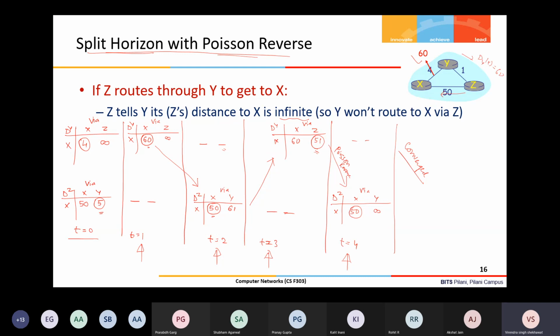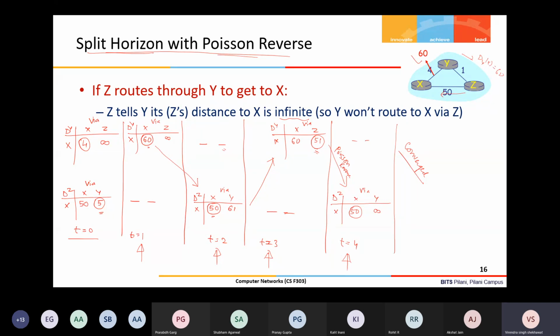But if we are not applying split horizon with poisoned reverse, then we have seen that it will take many more iterations. Exactly how many iterations we can also calculate.